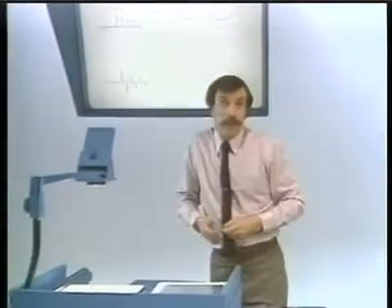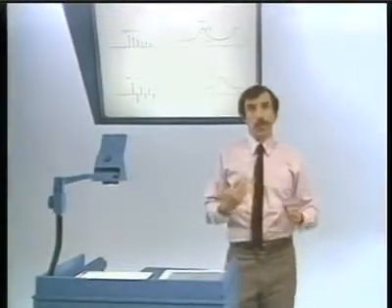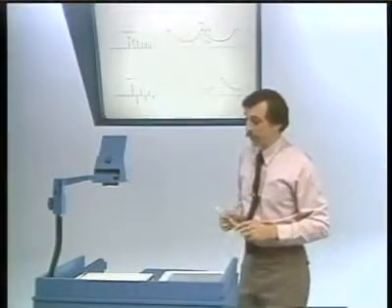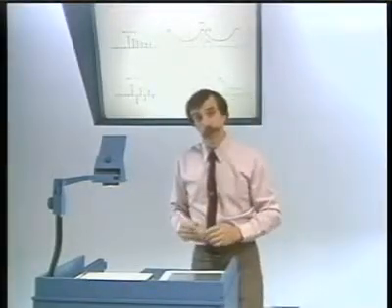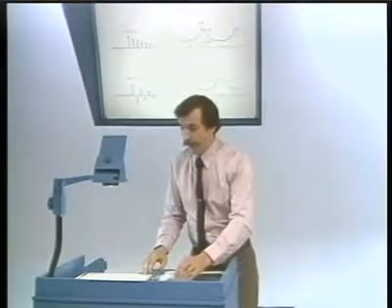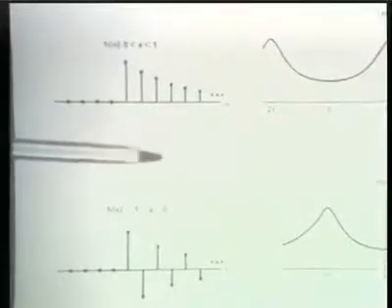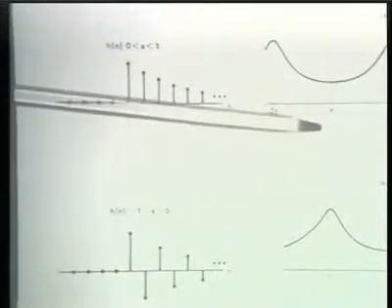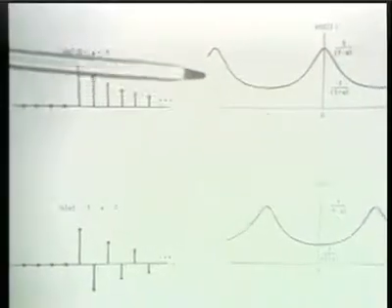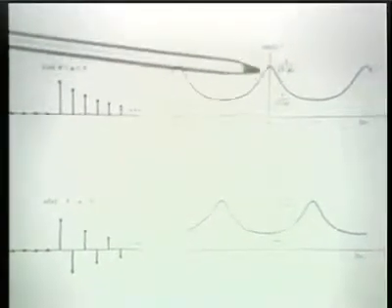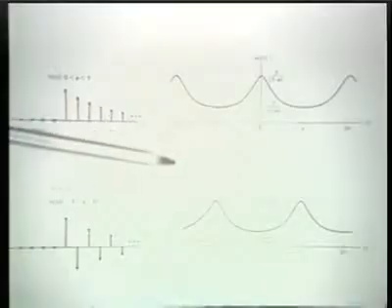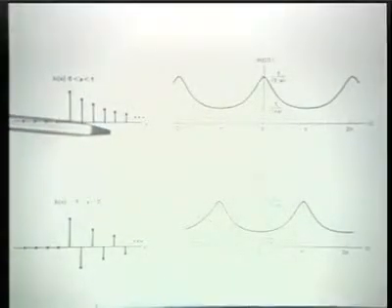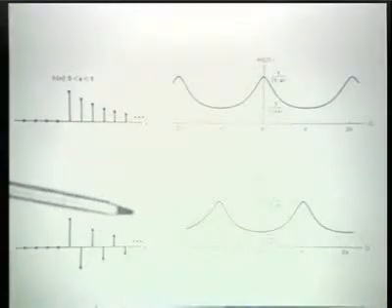So, in fact, we saw this when I talked about the example of a sequence which was a to the n times u of n. Notice, let me draw your attention to the fact that when a is positive, we have this sequence, and its Fourier transform is as I show on the right. For a negative, the sequence is identical to a positive, but with alternating signs.